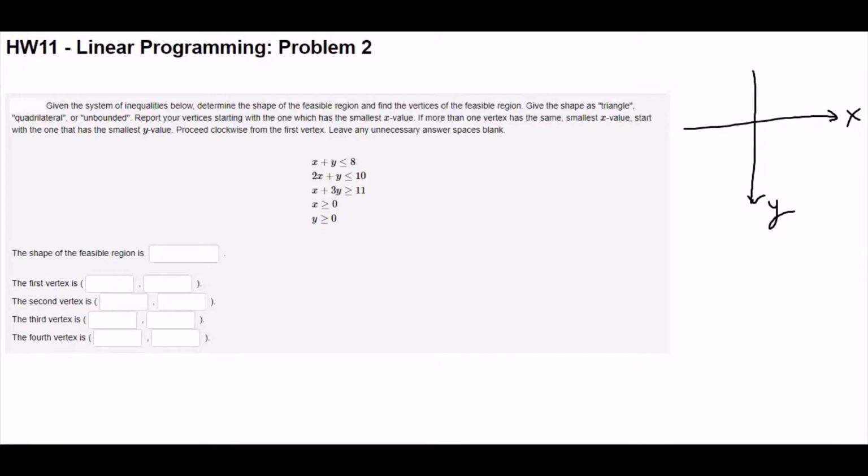Our shape is something like this. And our vertices are 0, 8, 2, 6, 0, 11 over 3, or 3.667, and 3.8, 2.4. You can either write in fraction or decimal point. Either is correct. And the shape of our feasible region is a quadrilateral.